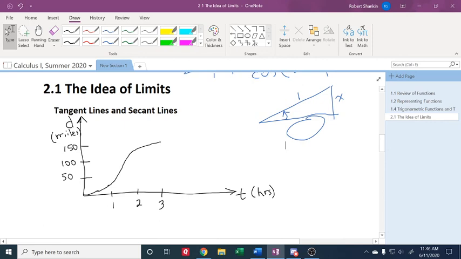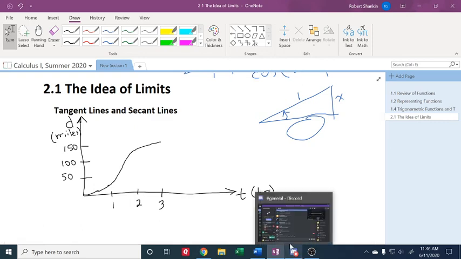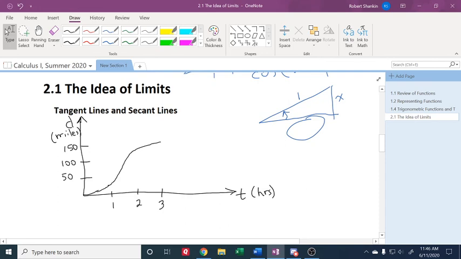If we look at this situation, what I want you to do right now is get into your text groups and tell me, between 1 hour and 3 hours, if this is the time and this is the distance, when were you driving the fastest?